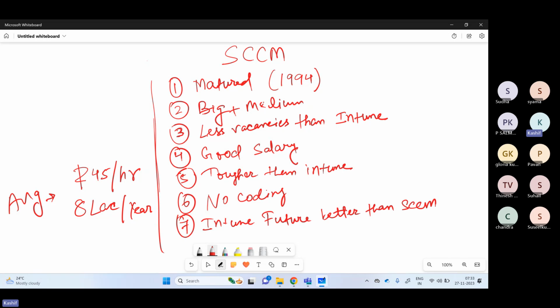I teach both the technologies, guys. I teach SCCM, I teach Intune, both of them. But these days the trend is people are moving towards Intune over SCCM. Those who already have SCCM are moving towards Intune because they have to manage devices on the internet.